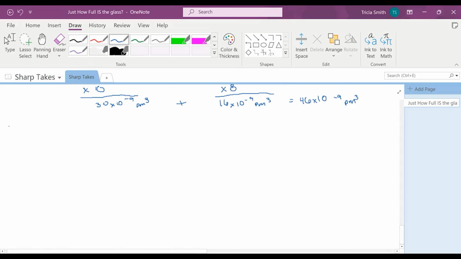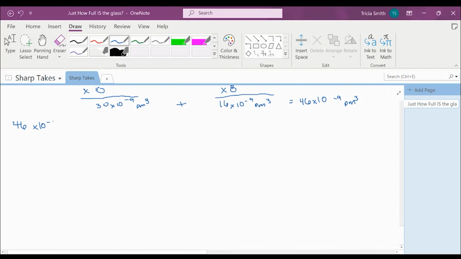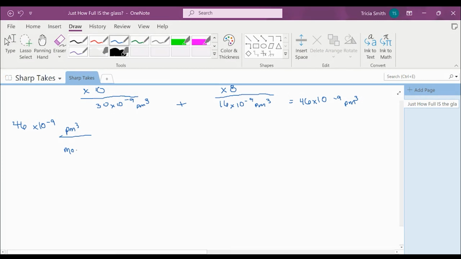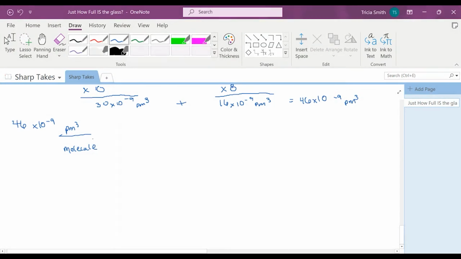So we have 46 times 10 to the negative 9 picometers cubed per molecule occupied.